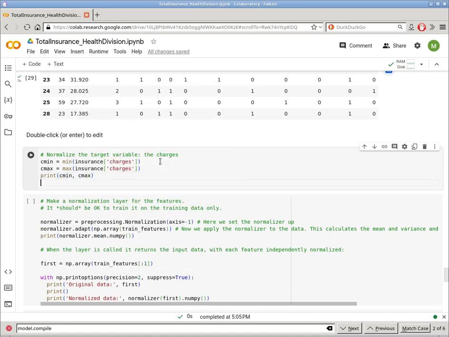And we want to normalize it, right? So how can we normalize it? Well, we'll just take the value minus the minimum over max minus min. Let's just call this the normalization factor.